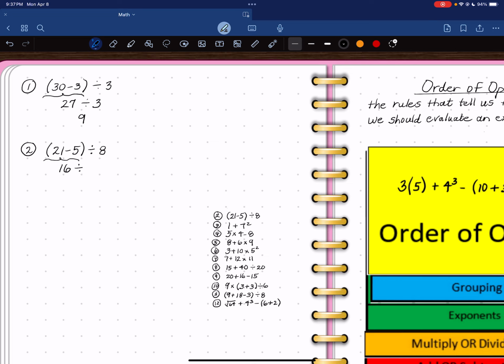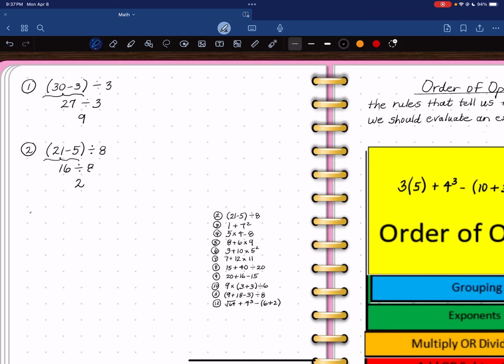Copy the next step. We do not have exponents or roots. Multiply or divide to get a 2. If you're doing these correctly, you will have that upside down Christmas tree shape. That's a good clue that you are doing them correctly.